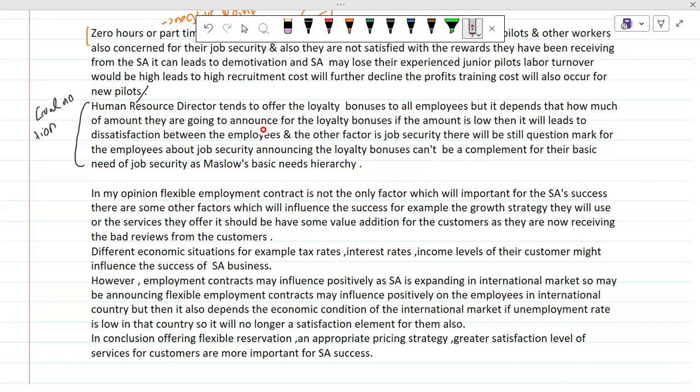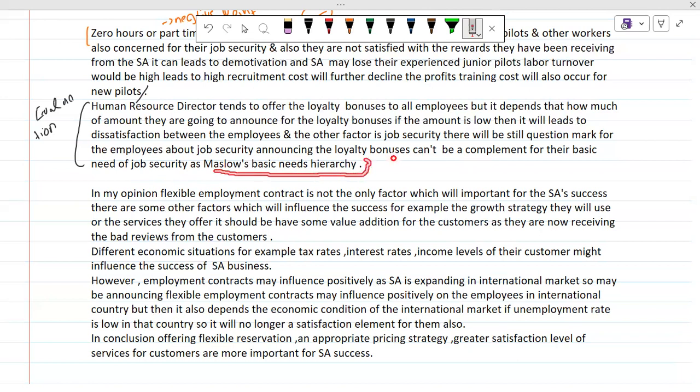If the amount is very low, they will not be satisfied, and it will lead to dissatisfaction among the employees. Another factor is job security. There will still be a question mark for the employees about job security. Announcing the loyalty bonus can't complement their basic need of job security, as in Maslow's hierarchy of needs.